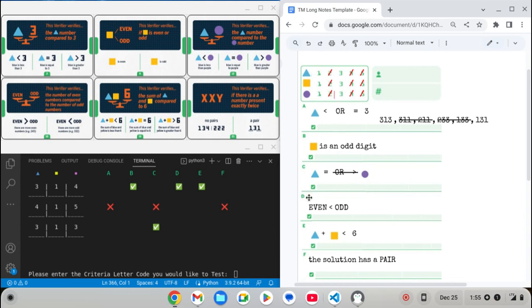So that would break criteria card D. So you couldn't have a pair of 2s. So if you pick the first 2 and it'd have to be paired up. Well, hold on. I guess technically you could have 211.